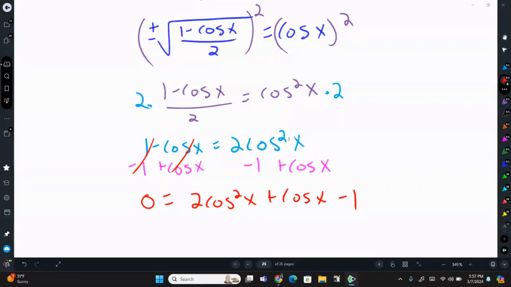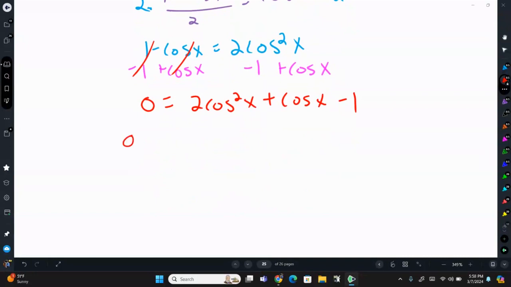Now we have to factor this like we did in the other problem, and this one does, we might have more than one possibility that we're going to have to guess and check. So again, we're multiplying to negative 1, so that means our last two numbers had to be 1 and 1.